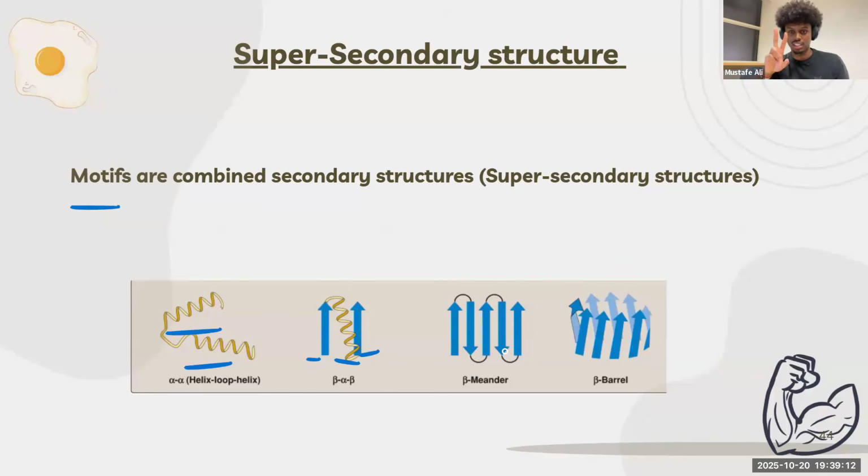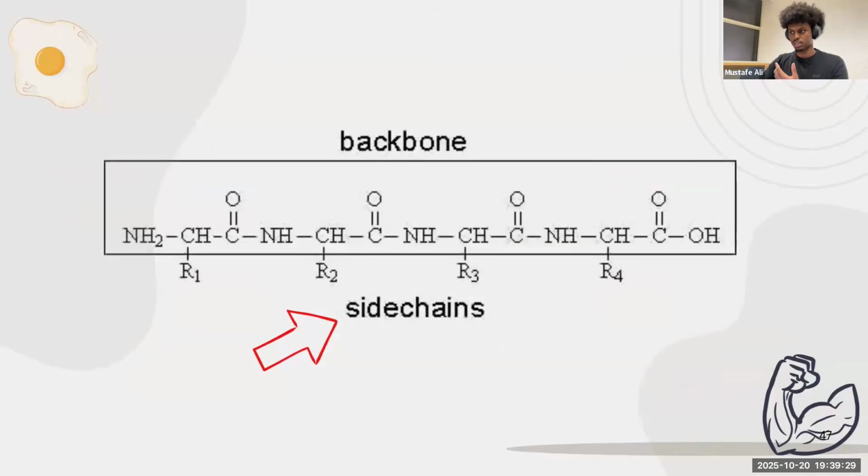There could be two alpha helixes or two beta pleated sheets, or one alpha helix and one beta pleated sheet. In simple terms, it's just a combination of secondary structures. Okay? Did that make sense? Okay. So, I hope the domain made sense too. Let's move on to this one more time.